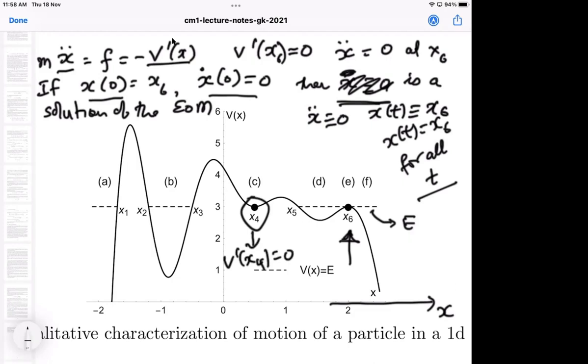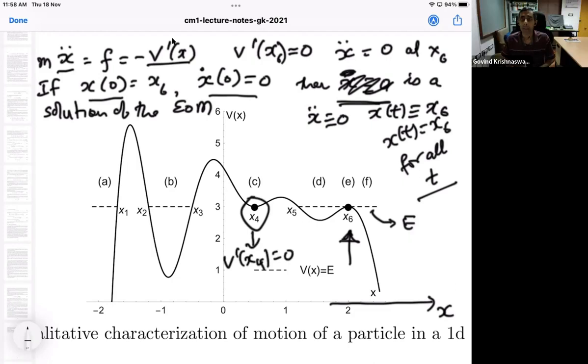And therefore, if the particle begins over there with 0 initial velocity, then it can remain there forever. And that would be a solution of the equation of motion. Both sides of Newton's second law would be 0. So that was the idea.